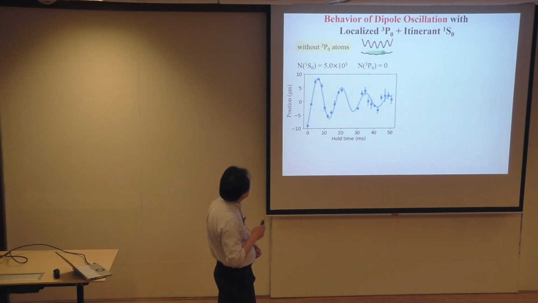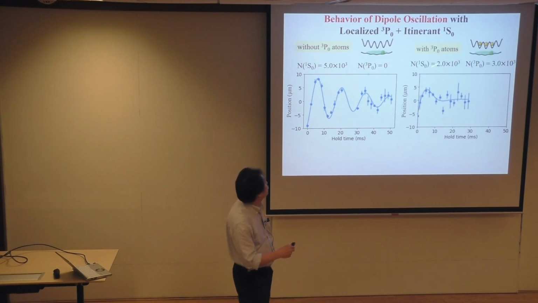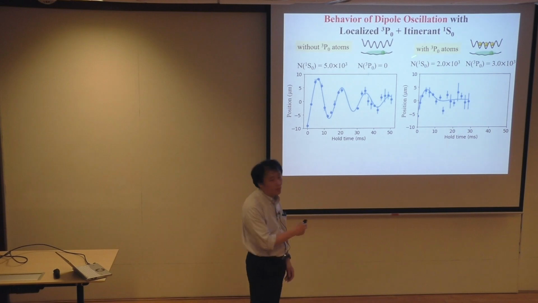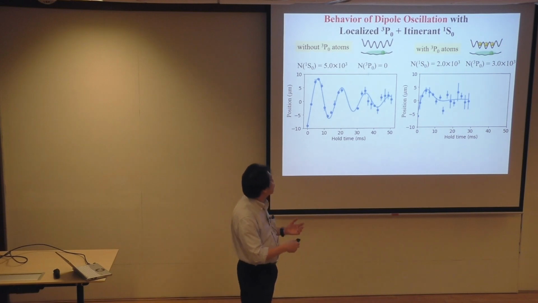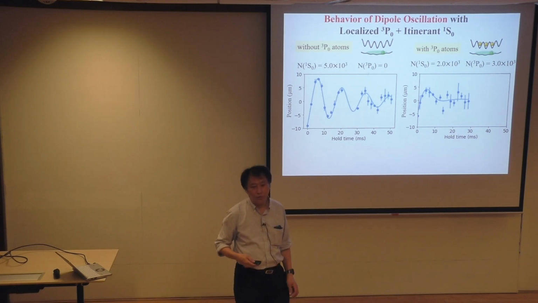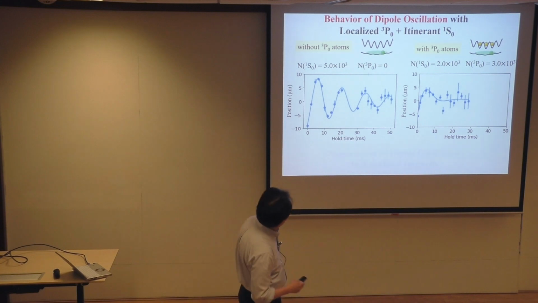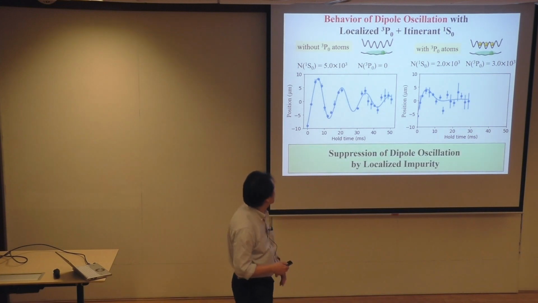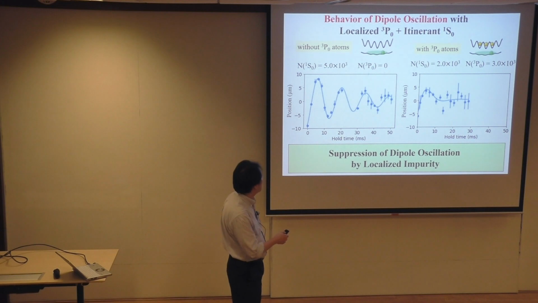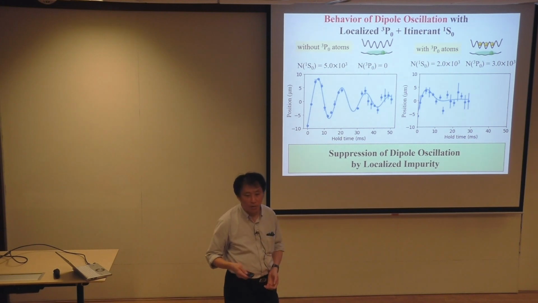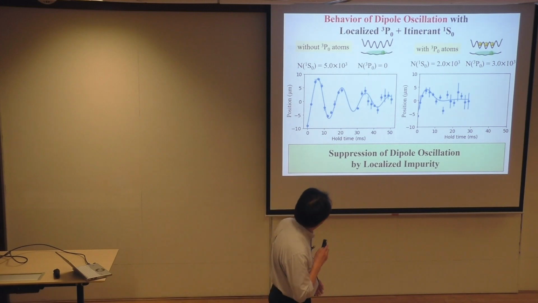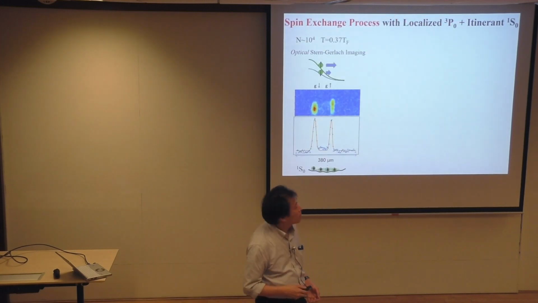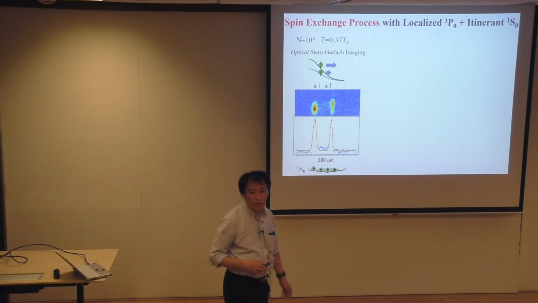In the presence of the localized triplet P0 atoms, we observe strong damping of the dipole oscillation. As far as we know, this is the first example of the suppression of the dipole oscillation by localized impurities.